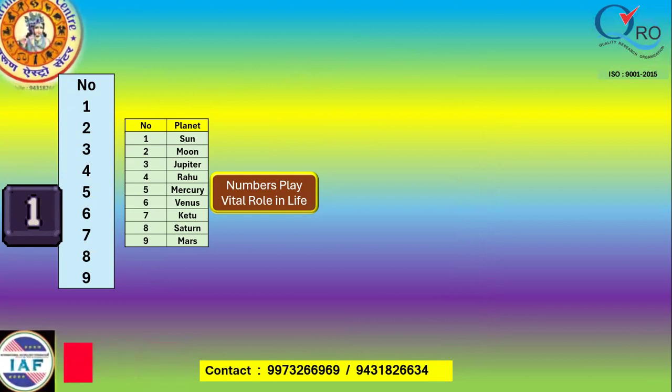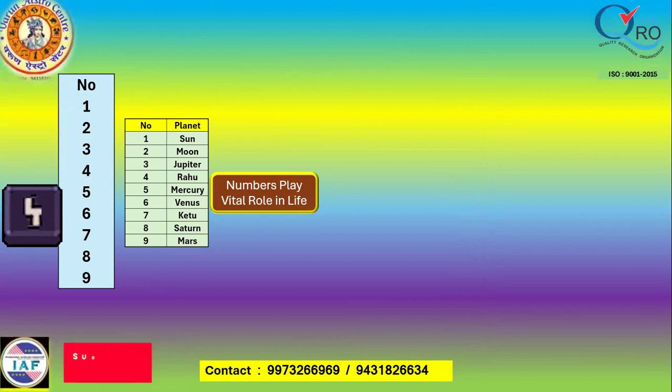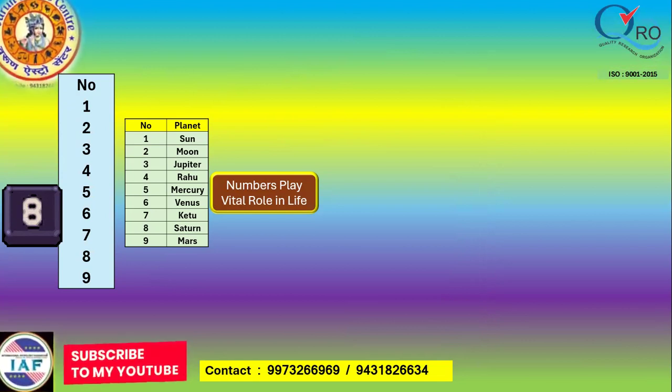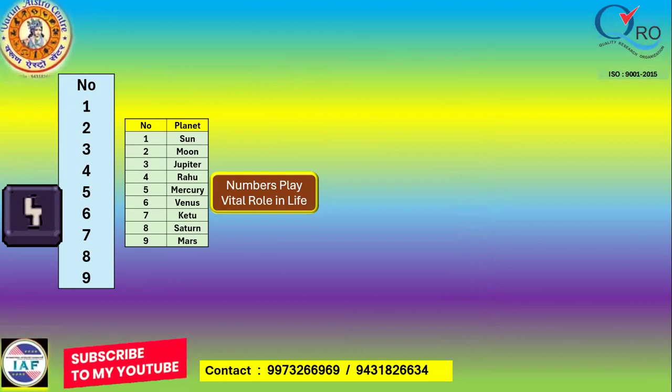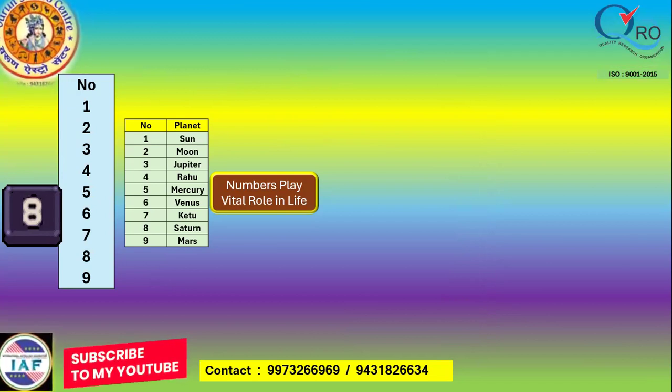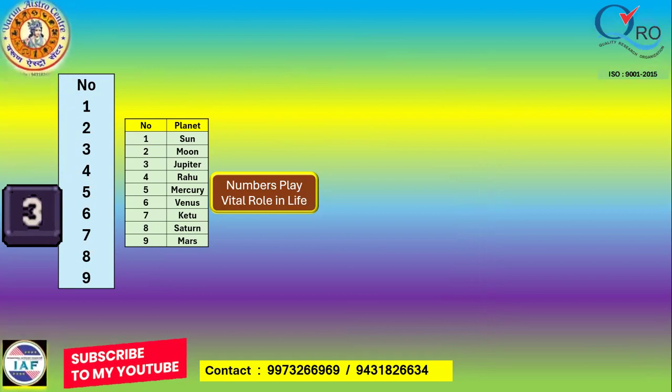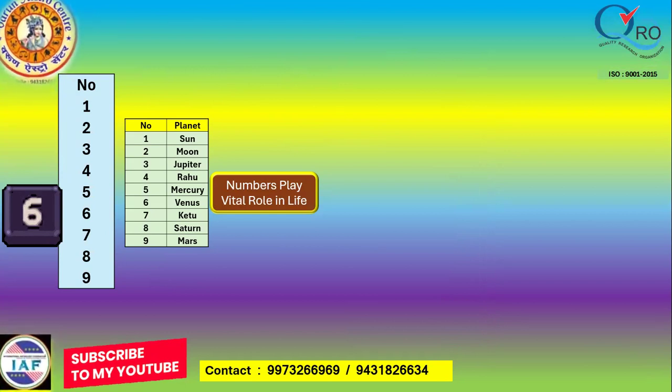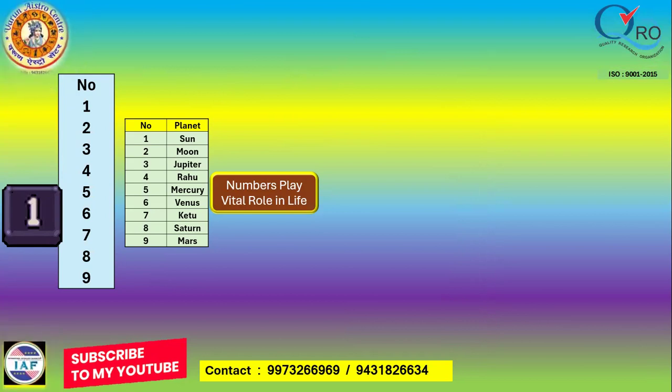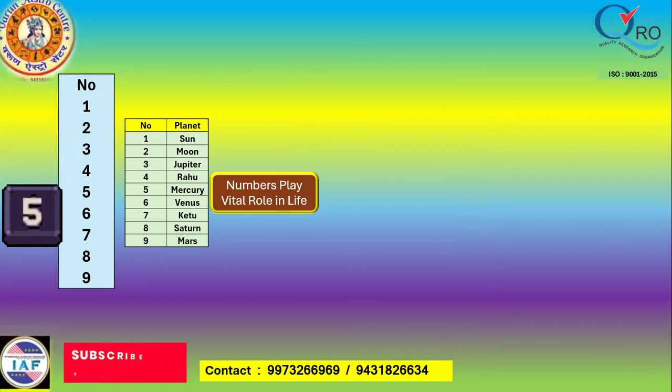Numerology revolves around the birth date, which consists of date, month, and year. The date may consist of a single digit or two digits, and the month may also be single or double digit, but the year consists of four digits.